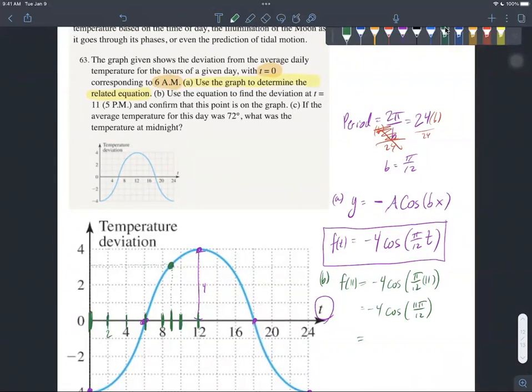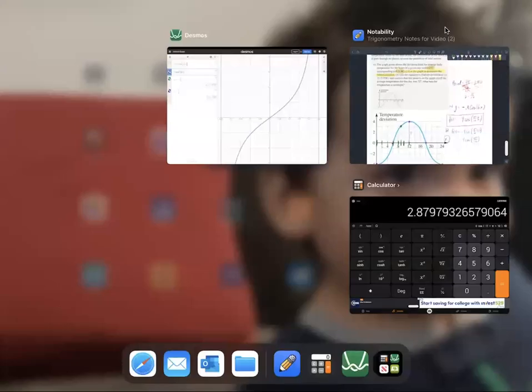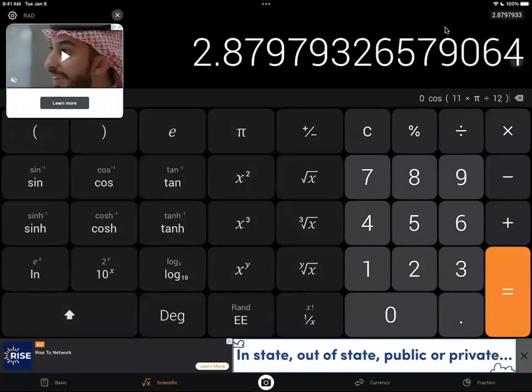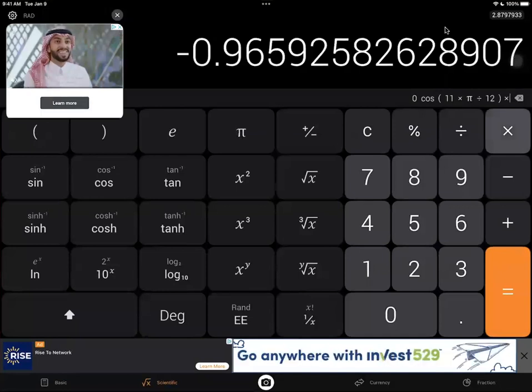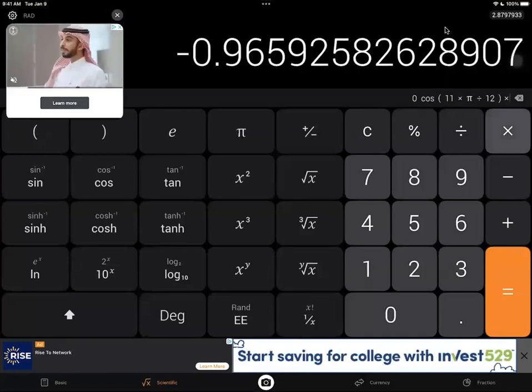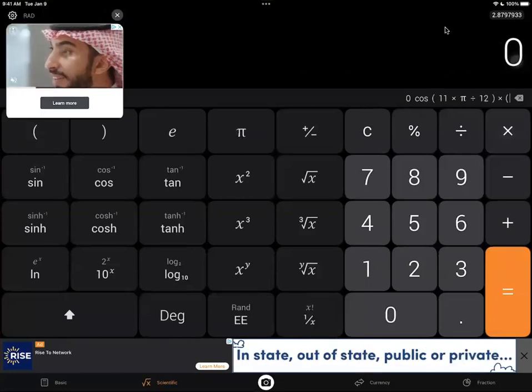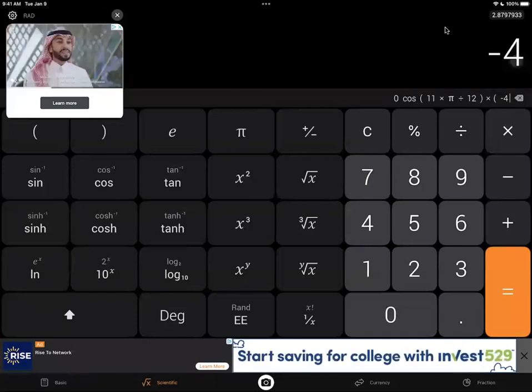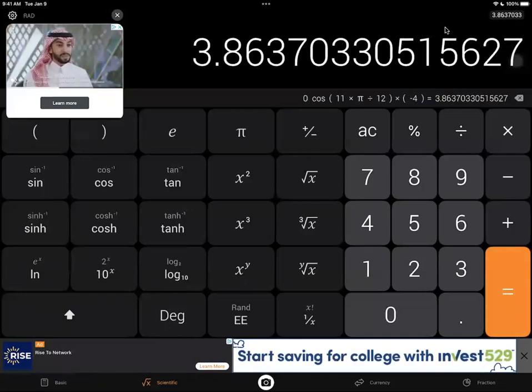Let's see, I'm not 100% experienced with this app here. Here we go.